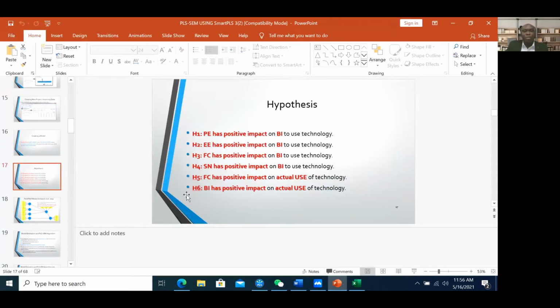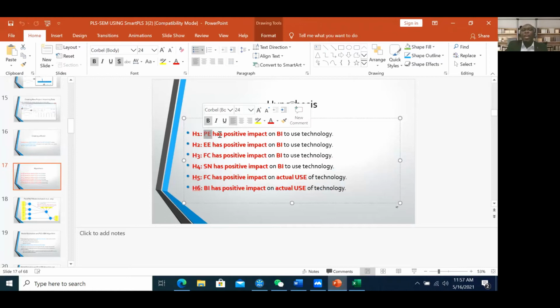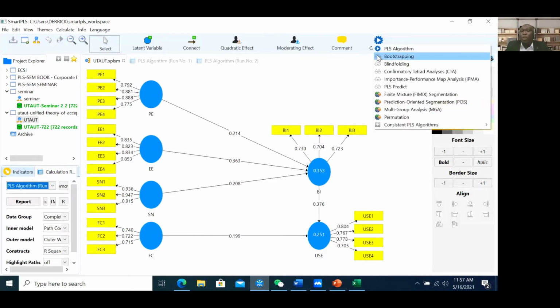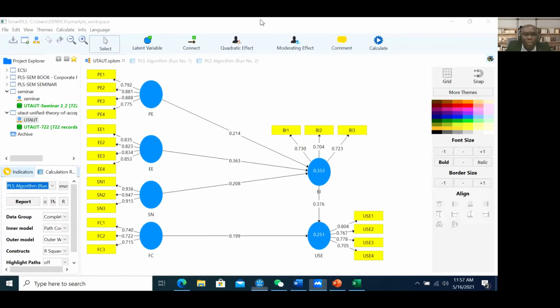We're going to see whether it is true that performance expectancy, and note the items in red, has a positive impact on behavioral intention. So we're going to go to the PLS and run what we call the bootstrapping.